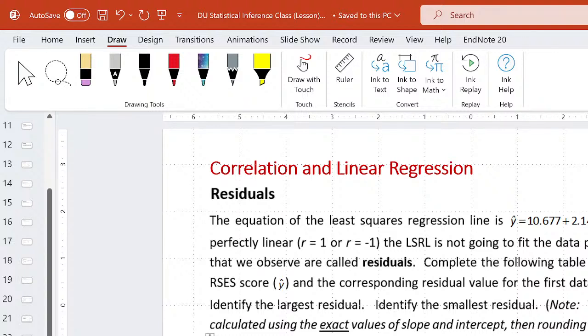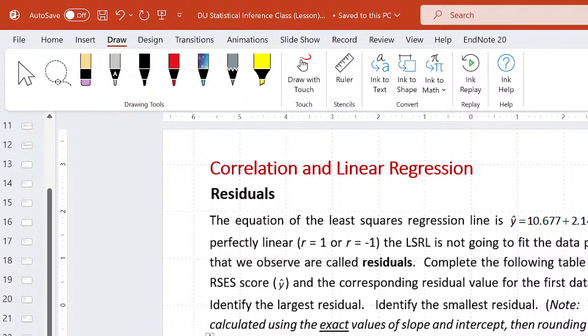The reason I love this example, there's a lot of examples that don't have a nicely interpretable intercept. This one does. Now, what is the y-intercept? When x is equal to 0, right? And our intercept is 10.677, close to 10.678, okay?